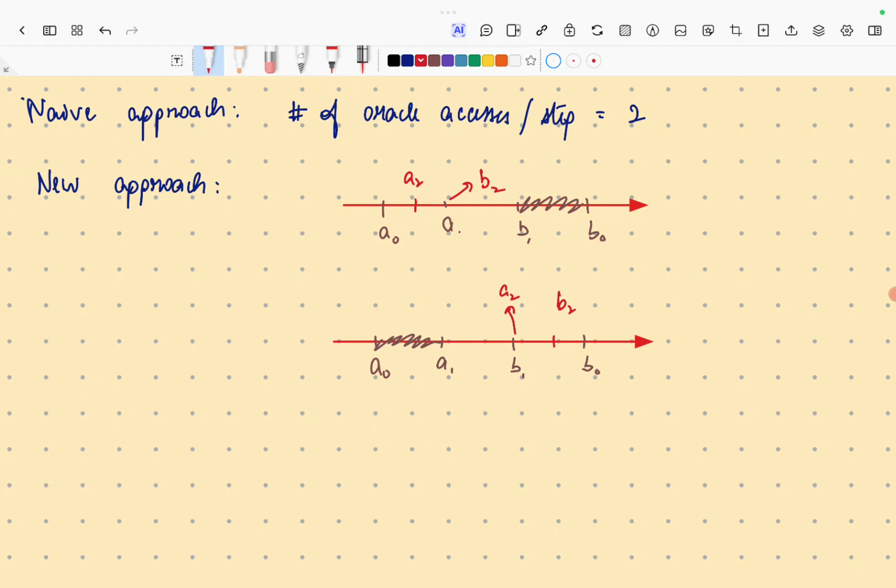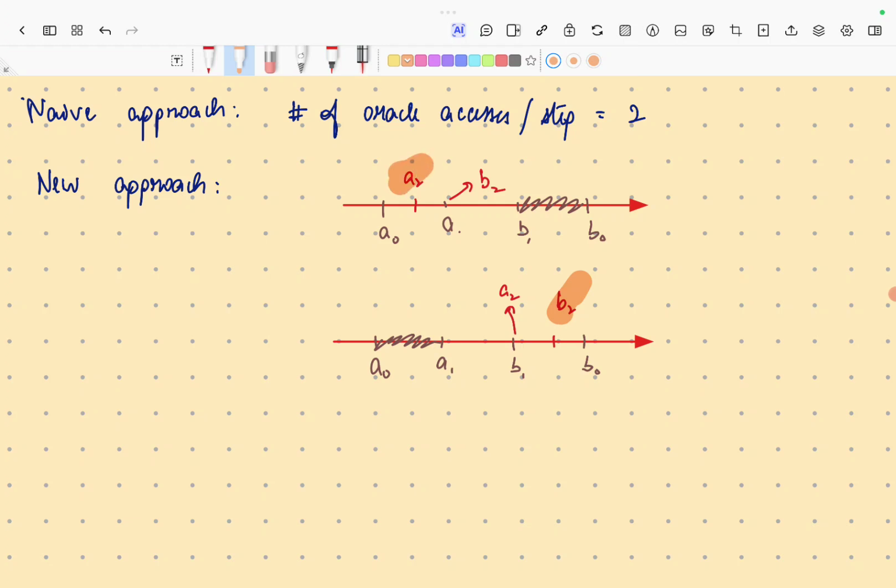I can't do it all the time. I have to choose my rho very carefully, otherwise I cannot do this. But by a clever selection of rho, I can do this, and using this clever selection of rho, I reduce the number of times I have to evaluate f. Because in time step 2, I only have to evaluate f of B2 or f of A2.